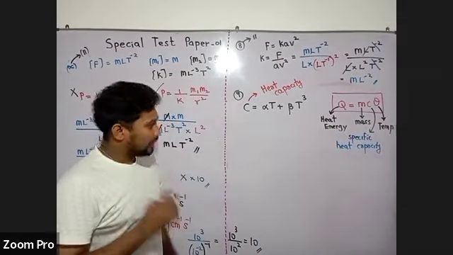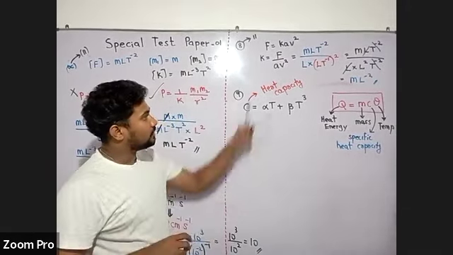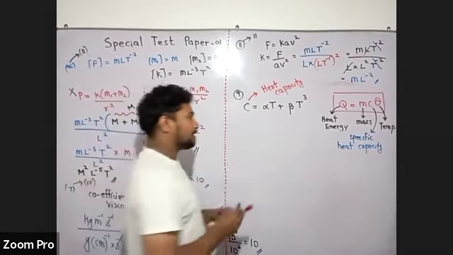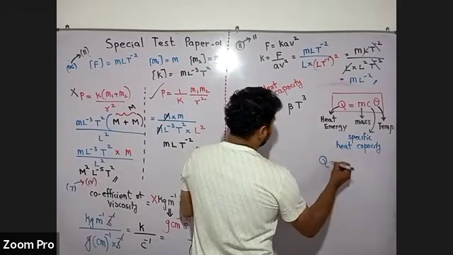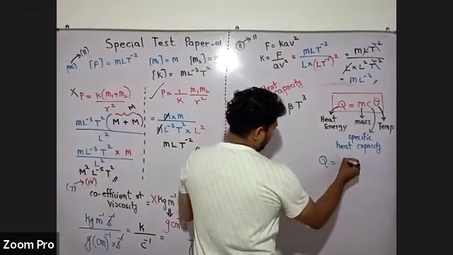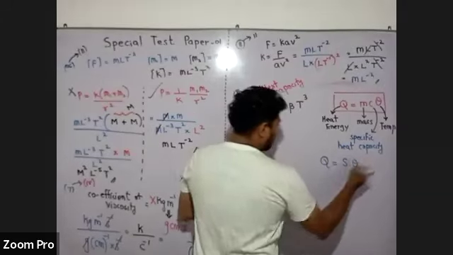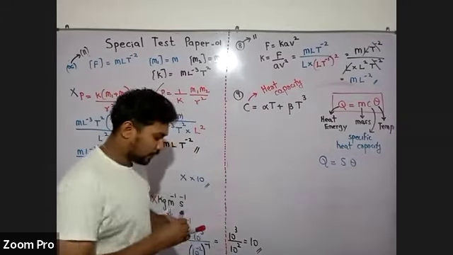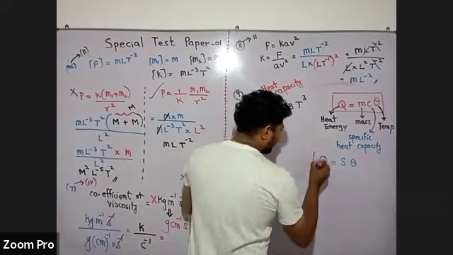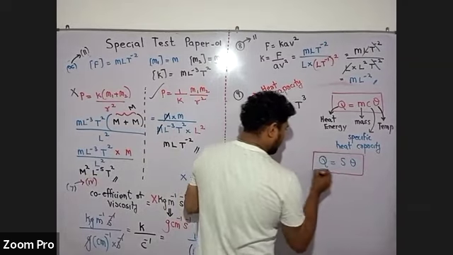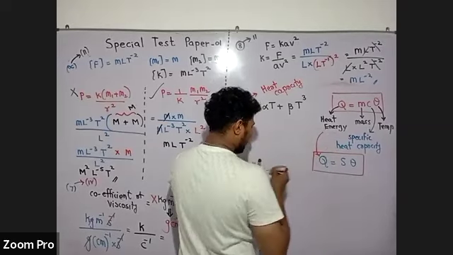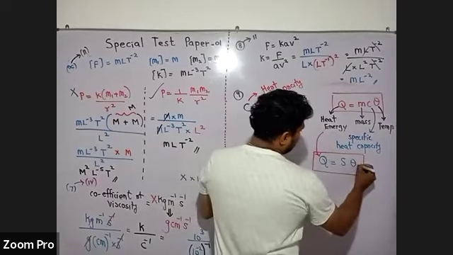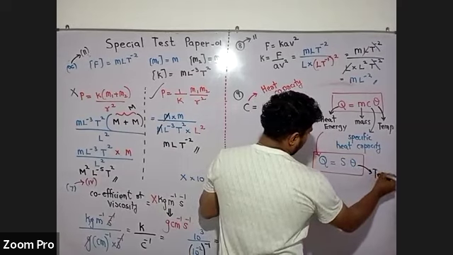But on the other hand, if you have to know about the specific heat capacity, I will tell you the related equation for the heat capacity also. That is Q equals S theta. Now guys, in this equation, Q represents heat energy and theta represents the temperature.